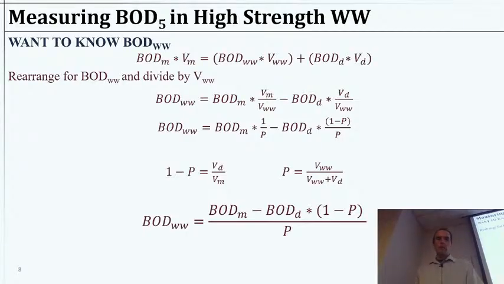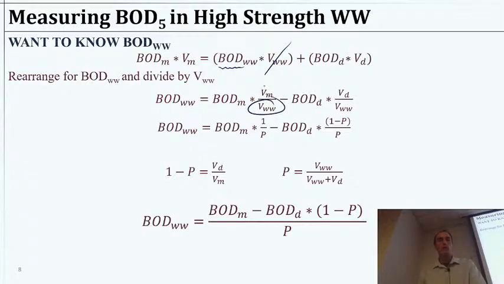The derivation looks like this, where we say we want to find the BOD of the wastewater. We're going to rearrange, and we can get there by dividing everything by the volume of the wastewater. When we do that, we will see a few things drop out. First of all, this will go away. Then we end up with VD over V wastewater, right here. And we will end up with BOD mixture times VM over the V wastewater.